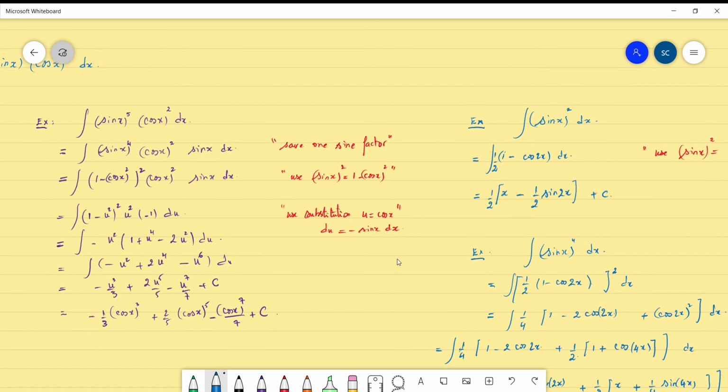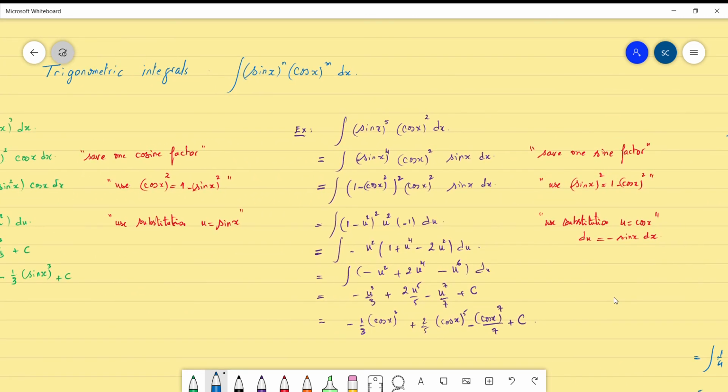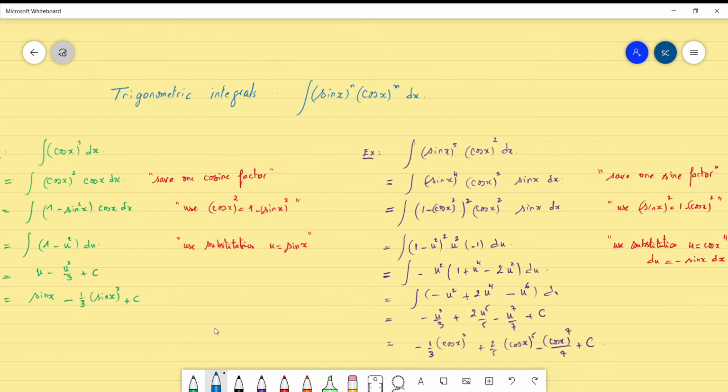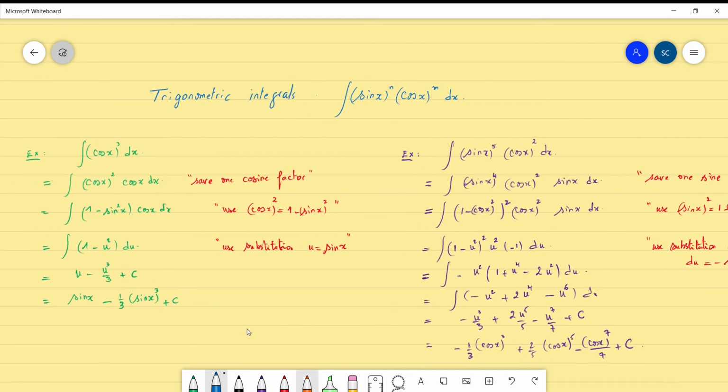So we have three situations here. Either n is odd, we are in the case where n is odd.